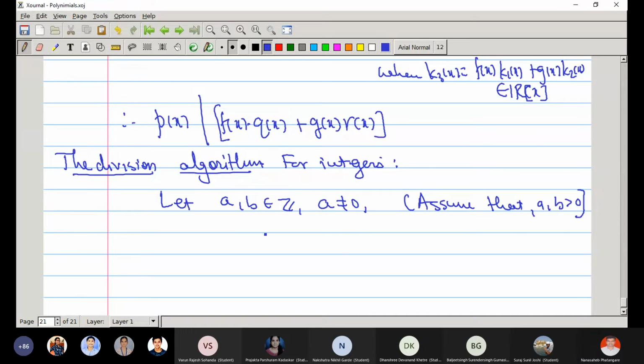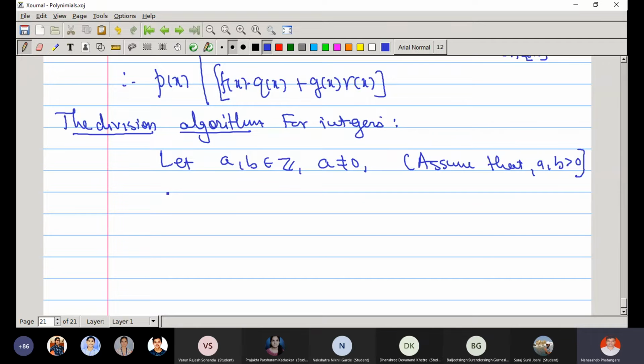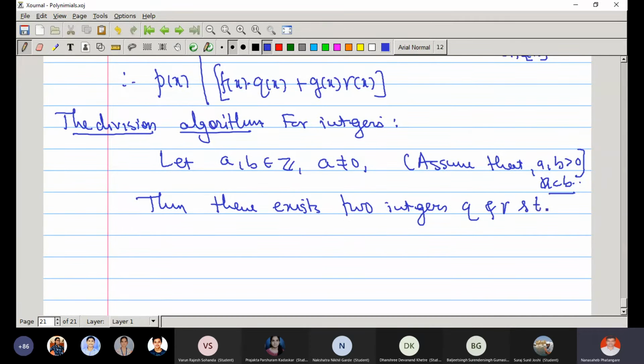Assume that a and b are positive, a is less than b, then there exist two integers q and r such that b is equal to aq plus r, where r is either 0 or less than a.